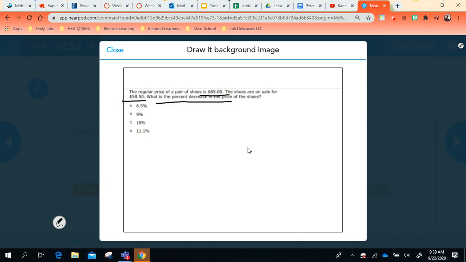If you're forgetting or aren't sure which one is the original versus the new, write it down. $65, $58.50, and then start your steps. That way, when you're doing your steps, you can look at what your original and your new are so that you don't get those confused.